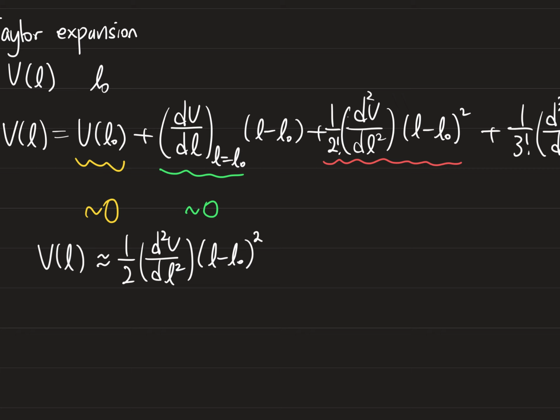This second derivative represents the curvature of your potential energy curve. And what about this, L minus L0? This is simply the displacement.